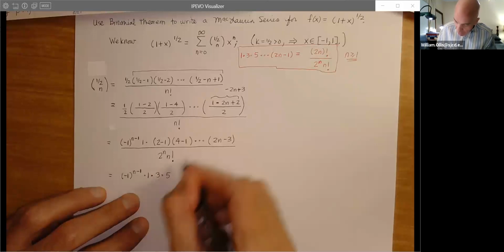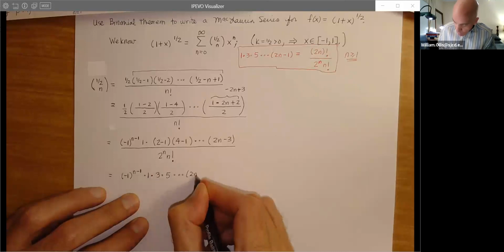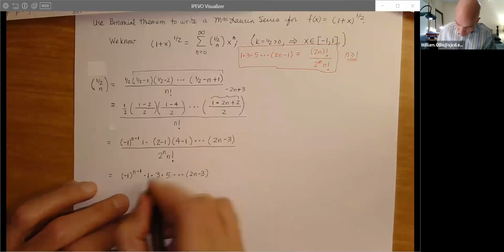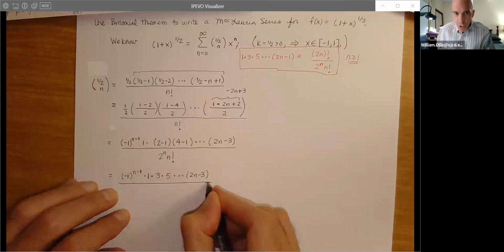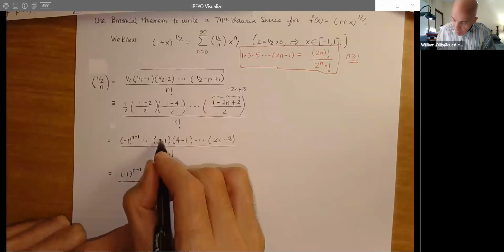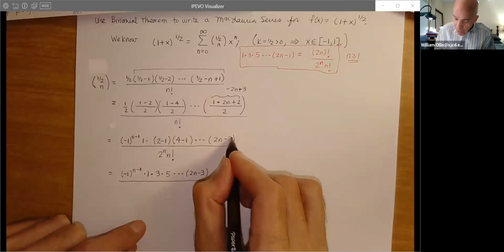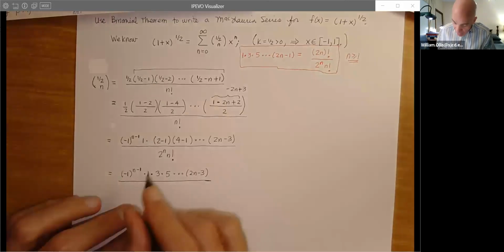I'll stick in the 5, that'd be the next one, to 2n minus 3. So of course, we just want to make sure that the signs are correct. So you could put n plus 1 there if you wanted, but I just have n minus 1 negative signs. I've got n factors, but n minus 1 of them have the negative that I can get rid of.